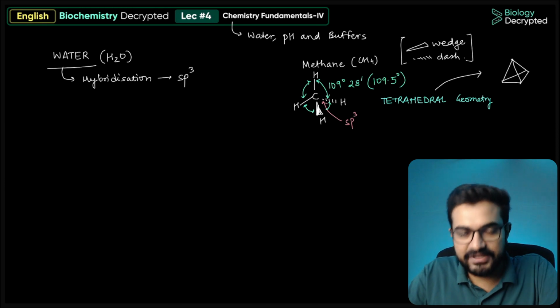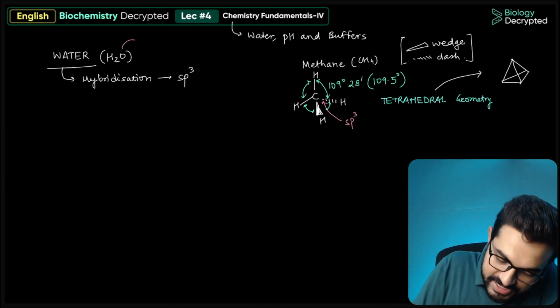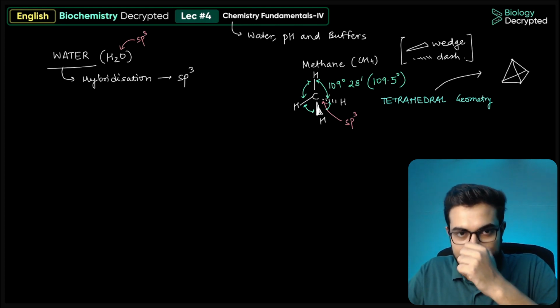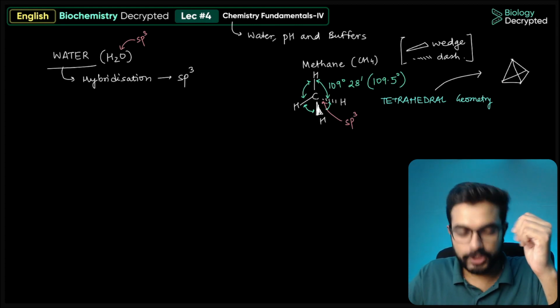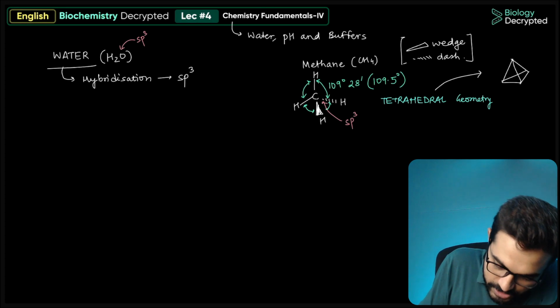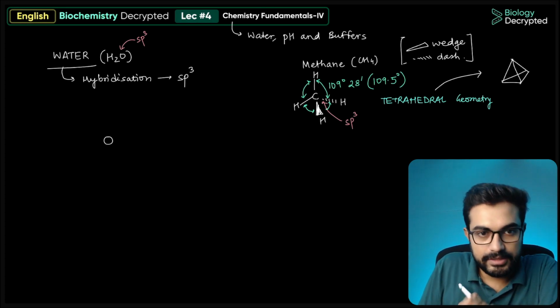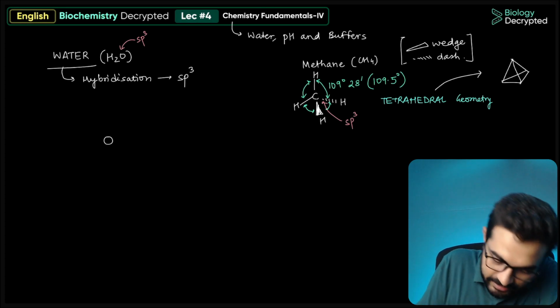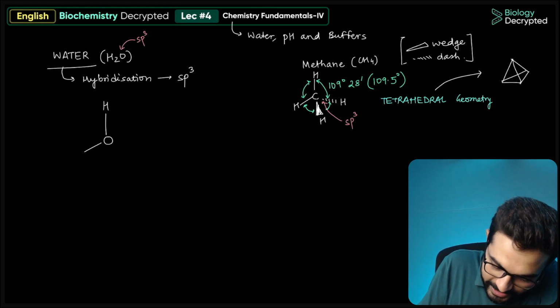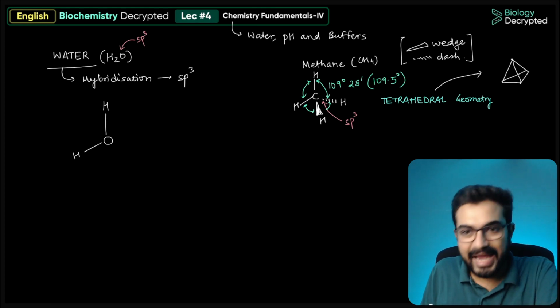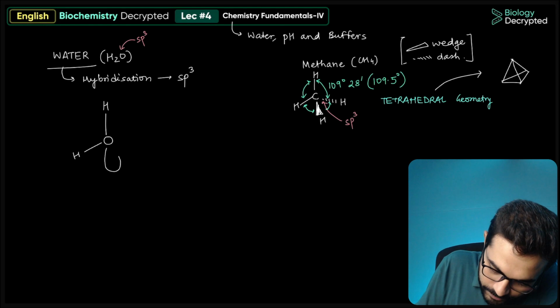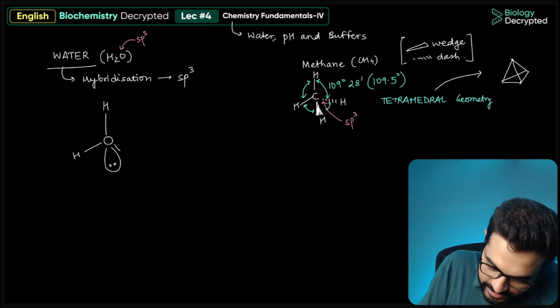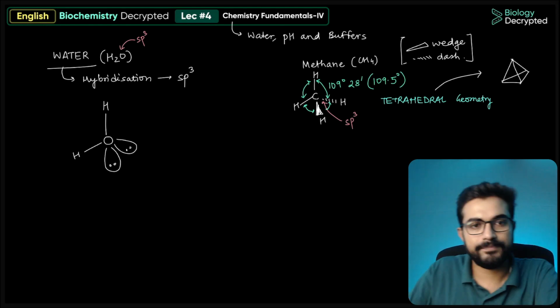In a very similar way, oxygen also has a hybridization of sp3. If we talk about the structure of water, let's draw it. Here we have oxygen in the center, then we have 2 hydrogens in this way, and now there are 2 lone pairs, one projecting in this way and the other in this way.